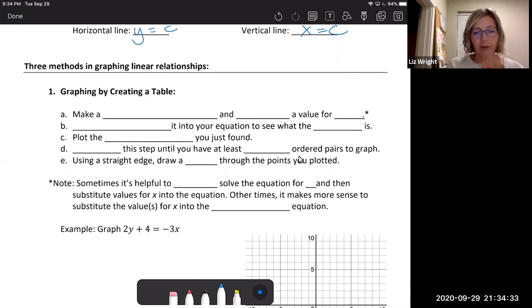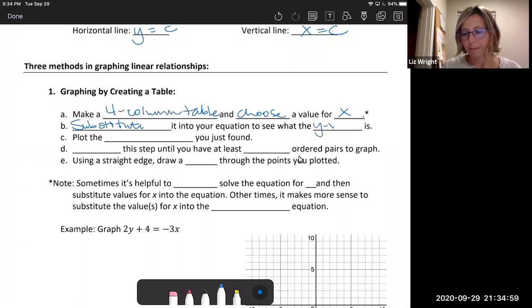So for the first way, it's going to be graphing by creating a table. So the first thing we're going to do is make a 4-column table, and we are going to choose a value for x. Next, we're going to substitute that value into our equation to see what the y value is.